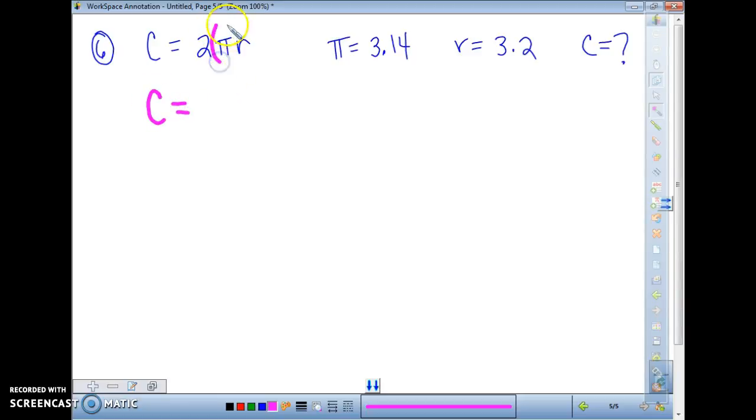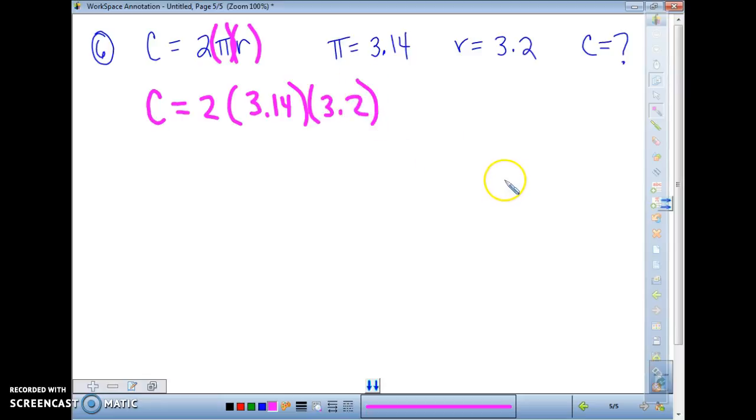If we know that pi is 3.14 and that r is 3.2, so we have 2 times pi times 3.2. So I'm just going to come over here to the side and I'm going to multiply stuff out. I'm just going to multiply it out, 2 things at a time. So I'm going to multiply my 3.14 times 2 first.